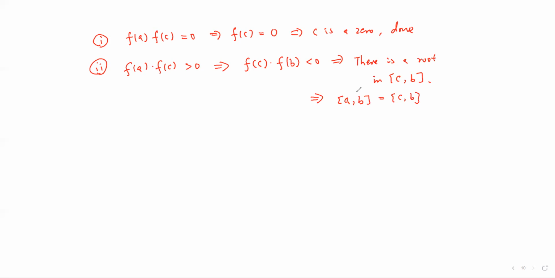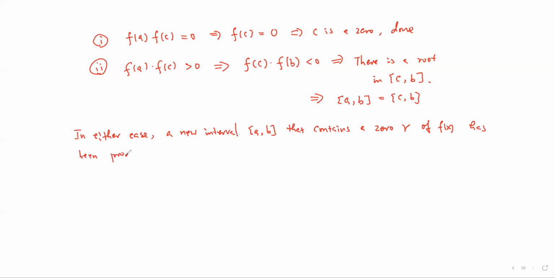Okay. No matter which case, in either case, a new interval AB that contains a 0, usually I use 0 or root, R, of function f has been produced.